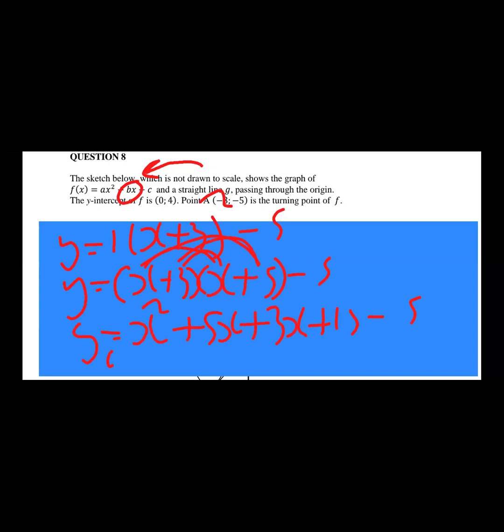Let's keep going. We get x squared. Sorry about my bad handwriting. Then you will get 8x, and then 15, unless I missed something there.